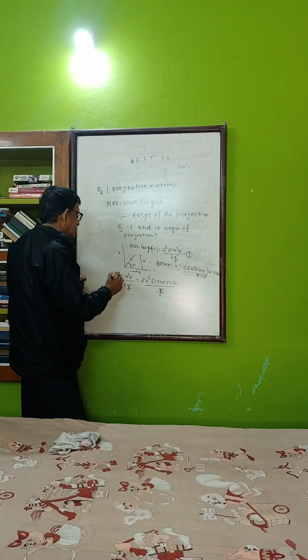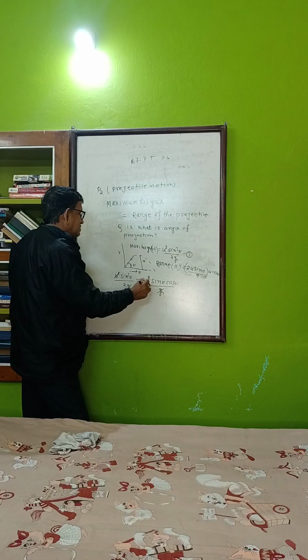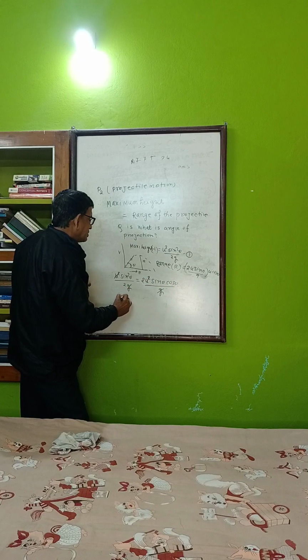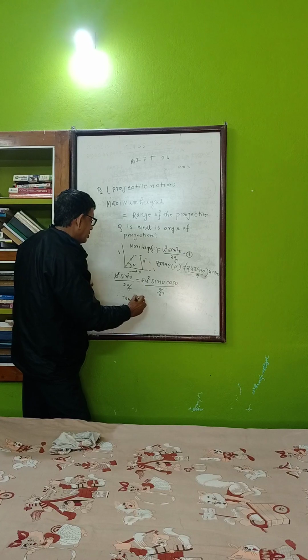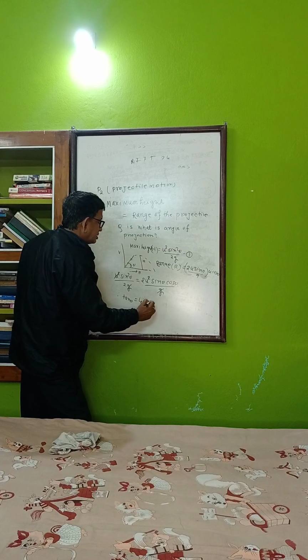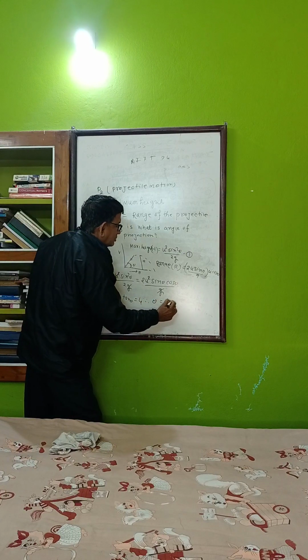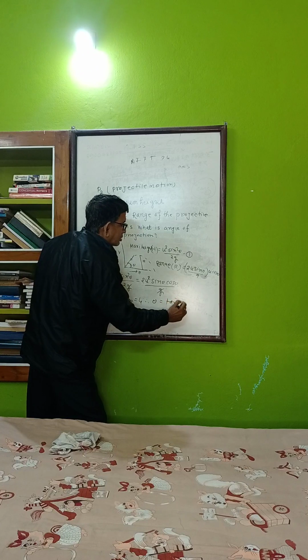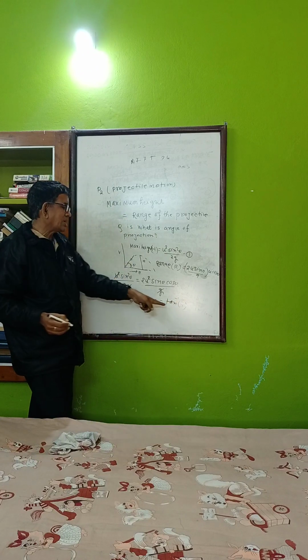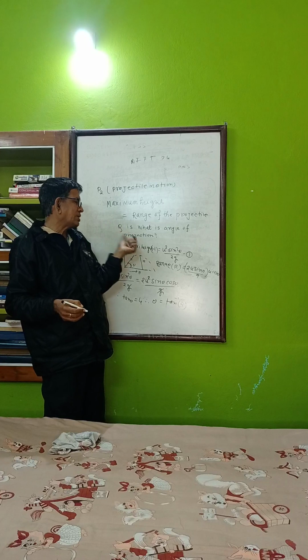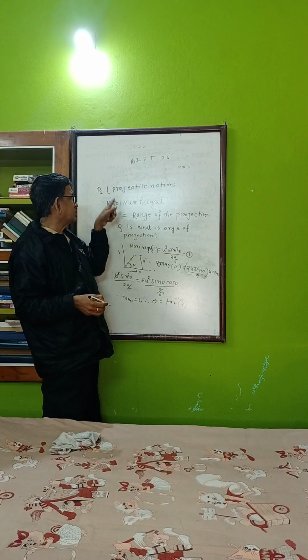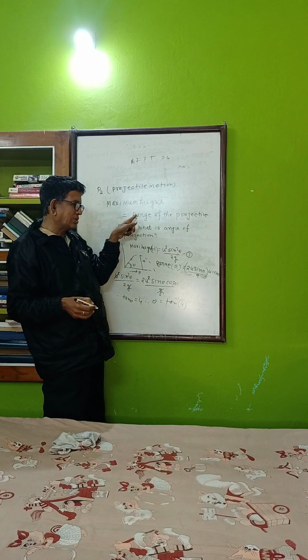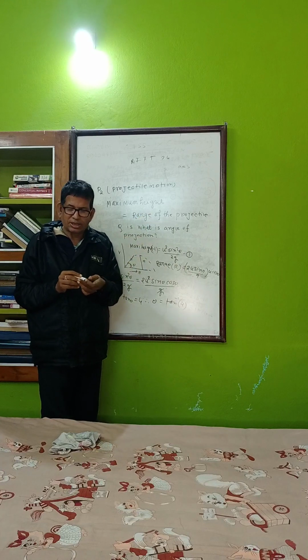Cancel g and g, u square and u square you cancel, we obtain tan theta equal to 4 or theta equal to tan inverse 4. That means this is the angle by which the particle should be projected so that maximum height equal to range of the projectile. Thank you.